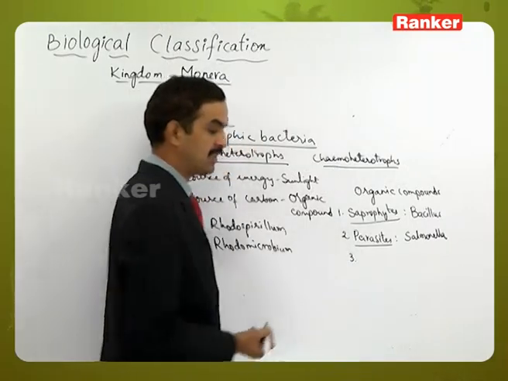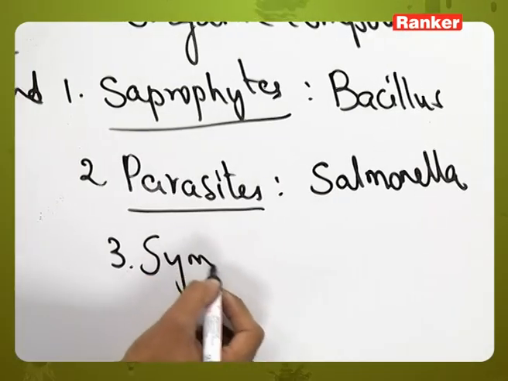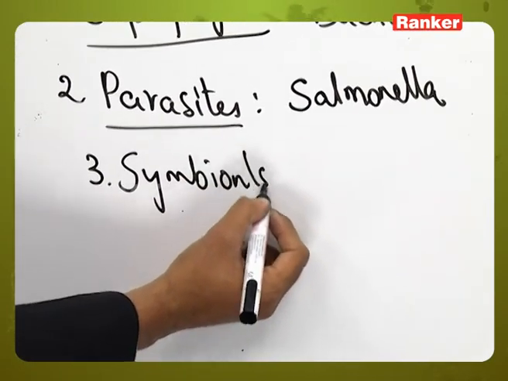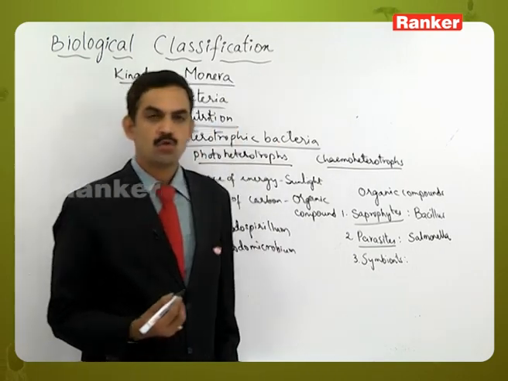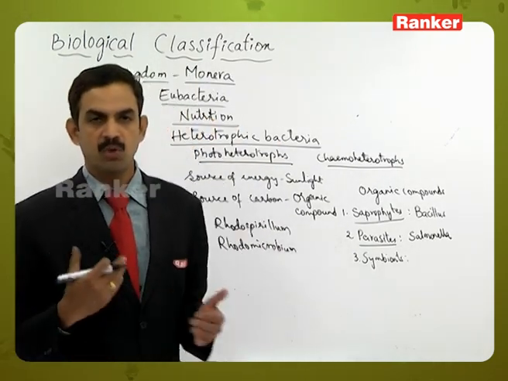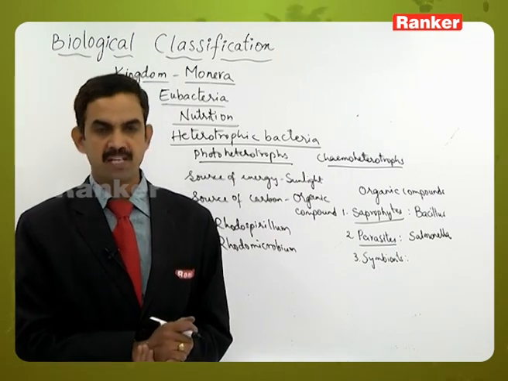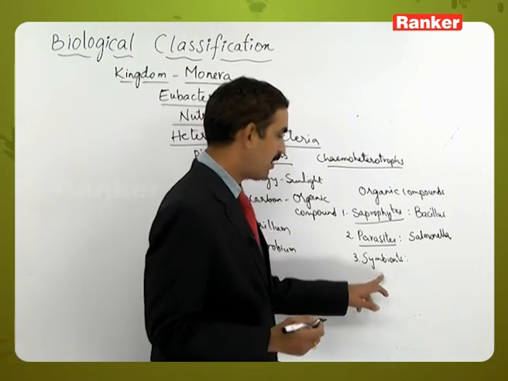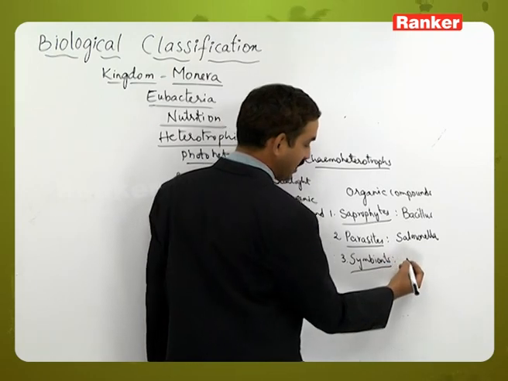And the third type is the symbionts. Symbionts show a mutually beneficial association where both the host and the dependent are benefited by this association. This type of nutrition is called symbiotic nutrition, and the organisms are called symbionts.